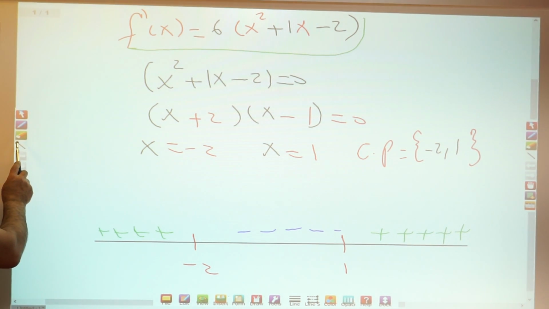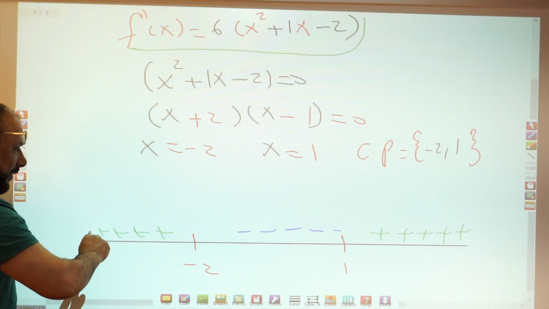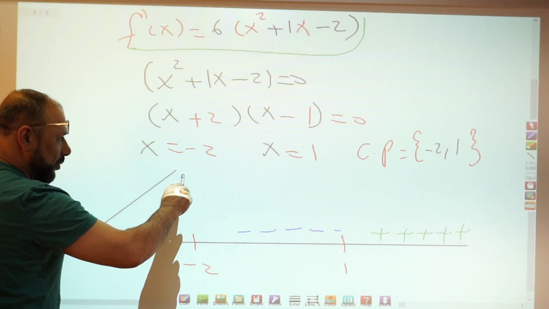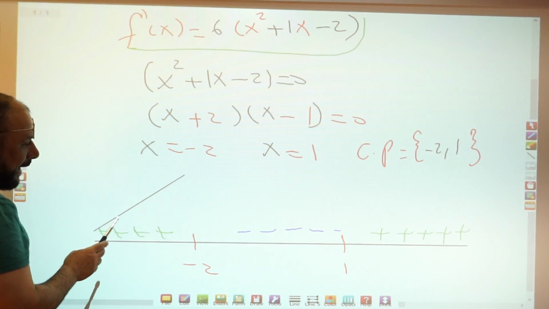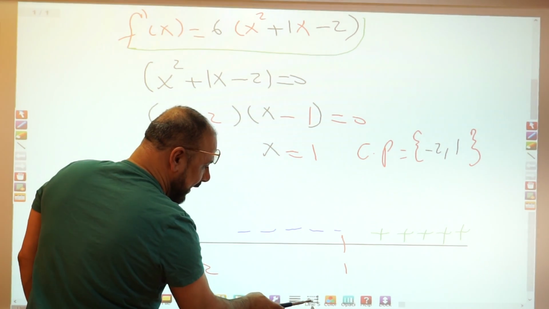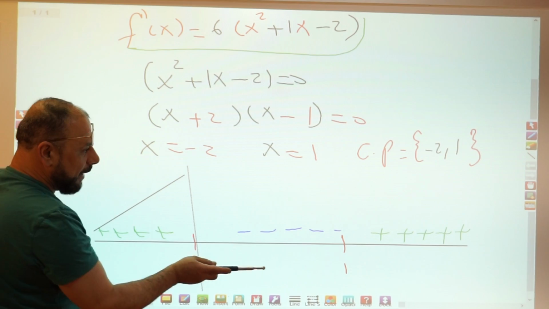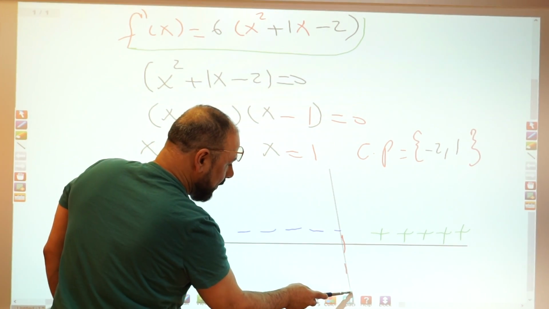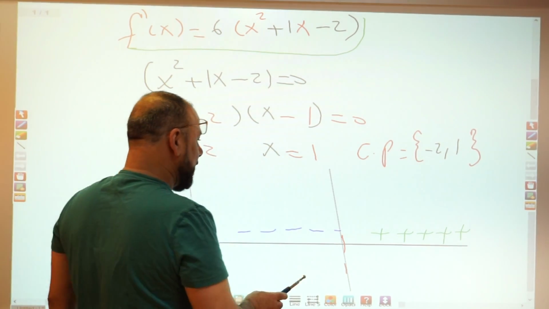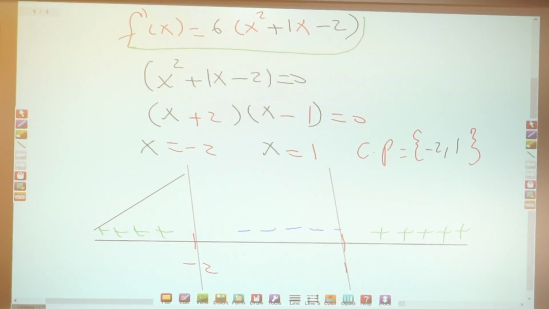The function, look here, is increasing, going up, up to negative 2. And I like my students to draw a vertical line here at negative 2 and at 1. Let me just make it vertical.